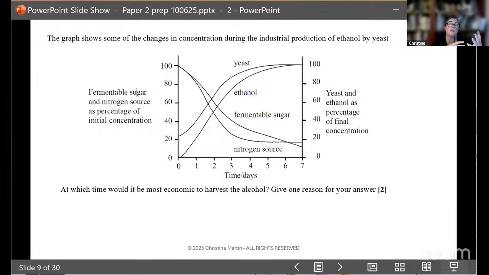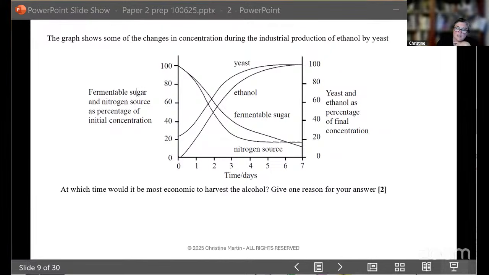So if we're using biotechnology, we're growing these microorganisms for producing the alcohol, brewing the beer, the pure alcohol, the vodka, the gin, whatever spirits you want to have, we're going to want to harvest that ethanol at the right level that's not too high that it actually becomes a problem.